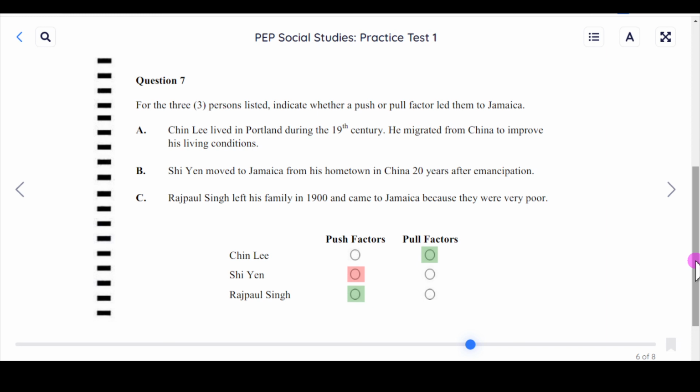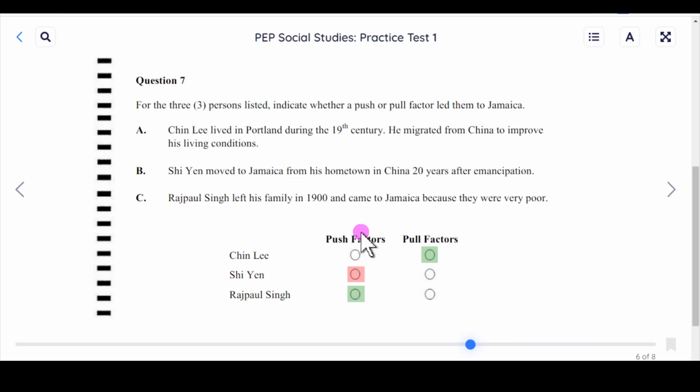Personally, I don't like how the question is phrased. However, this is open for discussion. Let's go back to the text on migration and read on that to make sure that we have a better understanding of how we should respond to this.